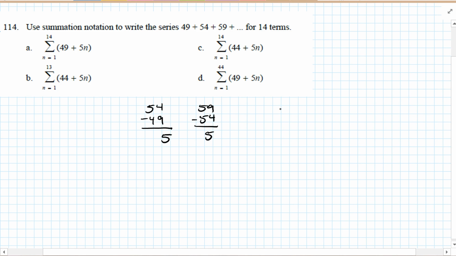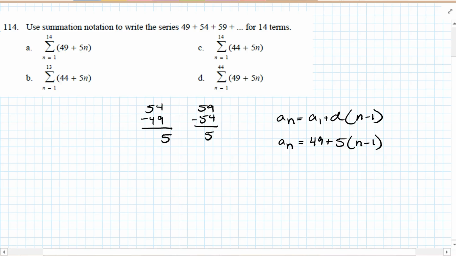We're going to use the explicit formula to get the terms: a of n equals a1 plus d times n minus 1. Our first term is 49, our common difference is 5.